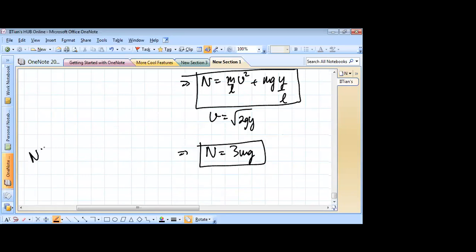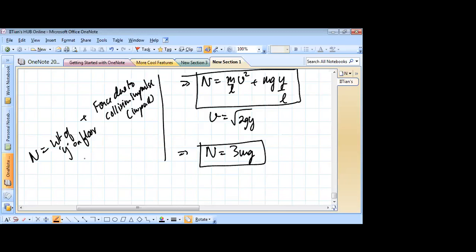So it's like the normal reaction is equal to the weight of the portion y on the floor, plus force due to collision impulse or impact force kind of. And as it turns out, this part is equal to mg y by L, and this part is your lambda v square, which is effectively how much? It is 2 times mg y by L.